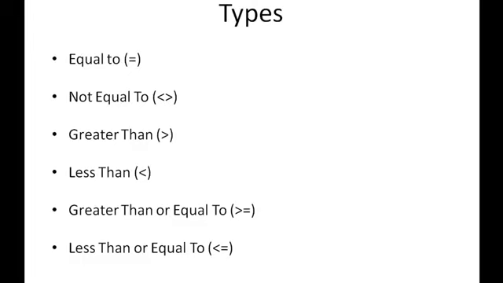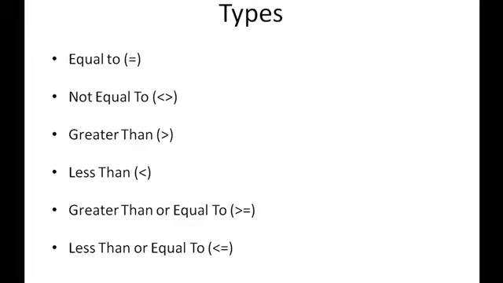And then you've got the not equal to operator that allows you to check whether the data that is present in columns in tables is not equal to the data that you specify in your conditions. And then you've got the greater than that checks whether the data in columns is greater than what you've specified. Then you've got the less than operator, which checks whether the data that's there in the columns is less than the data that you've specified in the conditions. Then you've got greater than equal to or less than equal to, and they're both self-explanatory, right?